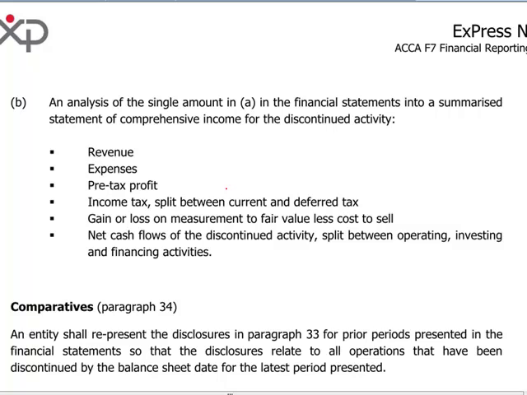We will have to show all the revenues and related expenses generated by the discontinued operation, the pre-tax profit, the income tax split between current and deferred tax, any gains and losses that occur due to the measurement to the fair value less cost to sell, and the net cash flows that the discontinued operation generated during the accounting period, which is going to be split between operating, investing, and financing activities in accordance with IAS 7, which deals with statement of cash flows.